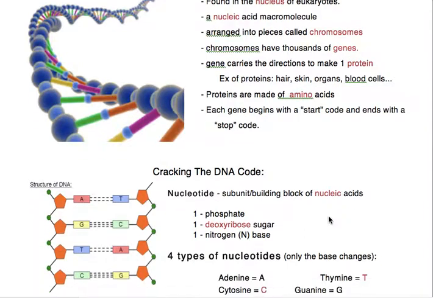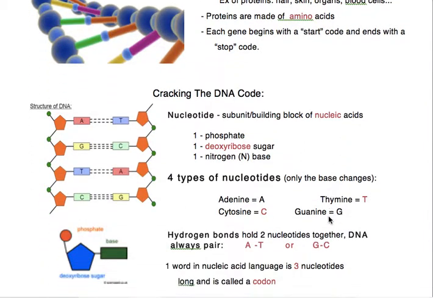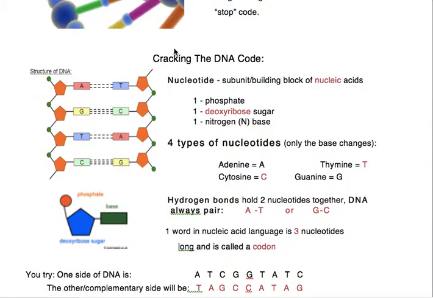So the chemical structure of DNA, that is found right here. Cracking the DNA code. Any questions that ask you what is a nucleotide, what types of bases are in DNA, what kind of bonds are in DNA, all of that stuff is found right here.